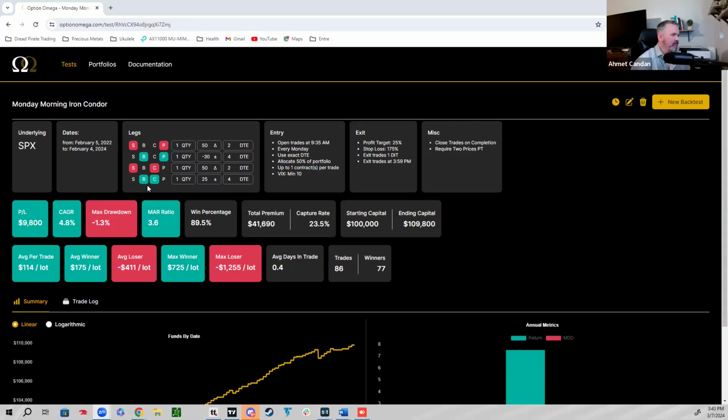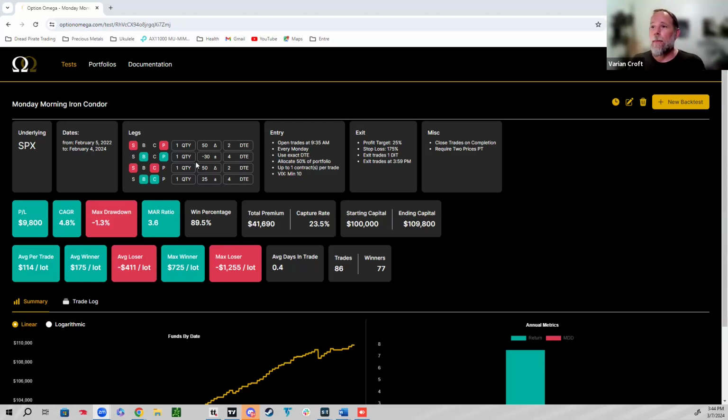This one's getting a little more complicated than a lot of the ones I've shown in the past. Those have been a bit more basic, but this is a more advanced strategy. We are opening this trade at 9:35 a.m. every Monday morning. The one other requirement is the VIX has to be a minimum of 10.